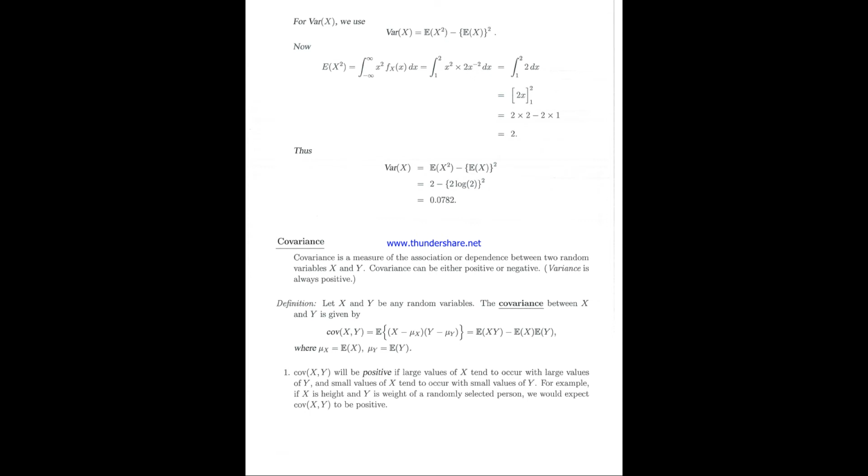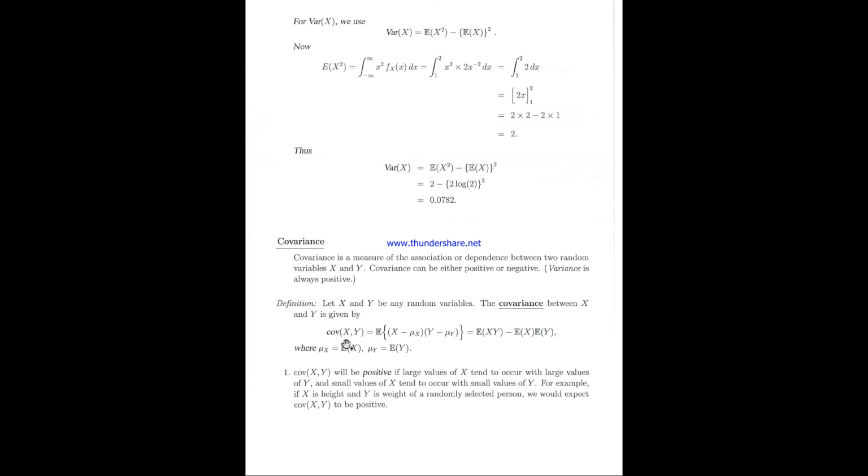Right? So in this case, you can use any equation which is familiar to you. I told you the covariance can be both positive and negative.